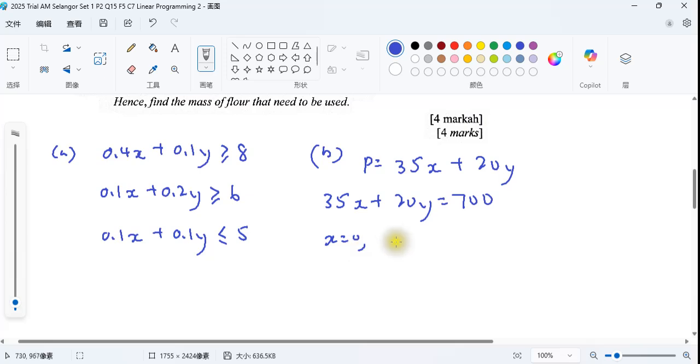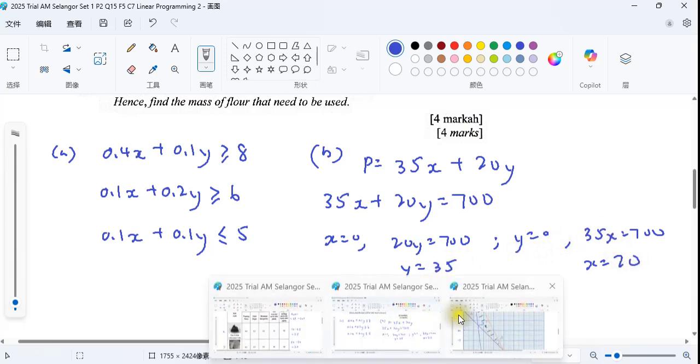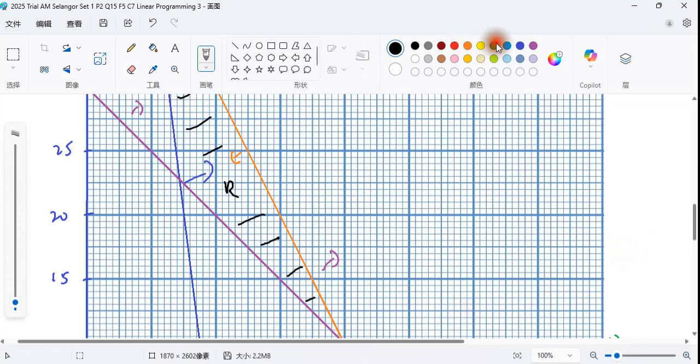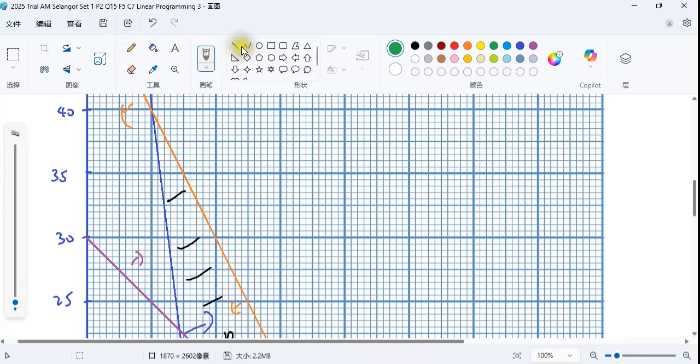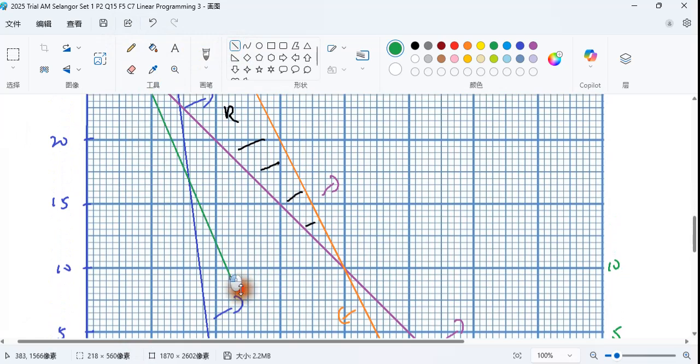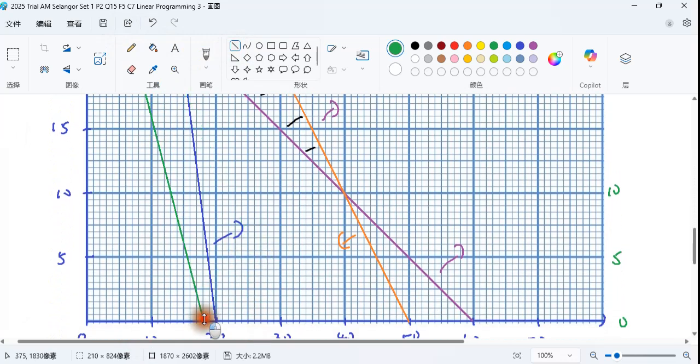So when x equals 0, 20y equals 700, y equals 35. When y equals 0, 35x equals 700, x equals 20. So 35 and 20, something like this.